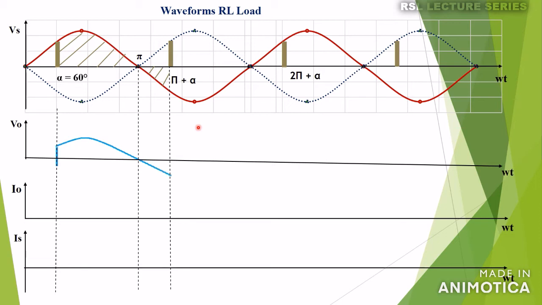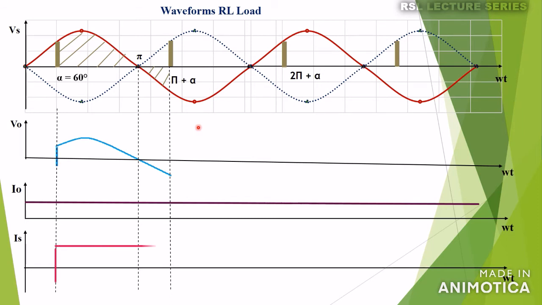This is the load voltage, and I0 is considered a constant value. If the inductance value is very large, then the load current remains constant. At the same time, the supply current flows from terminal P to N, which is considered the positive direction. Now at omega t is equal to pi plus alpha, thyristors T3 and T4 are triggered.